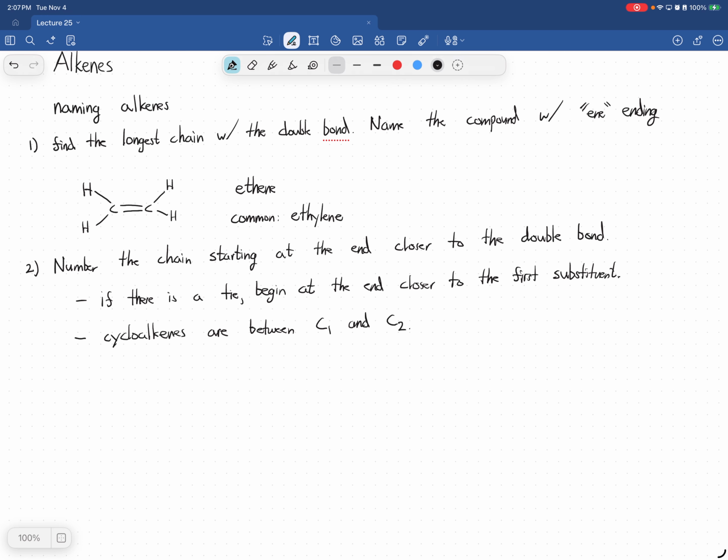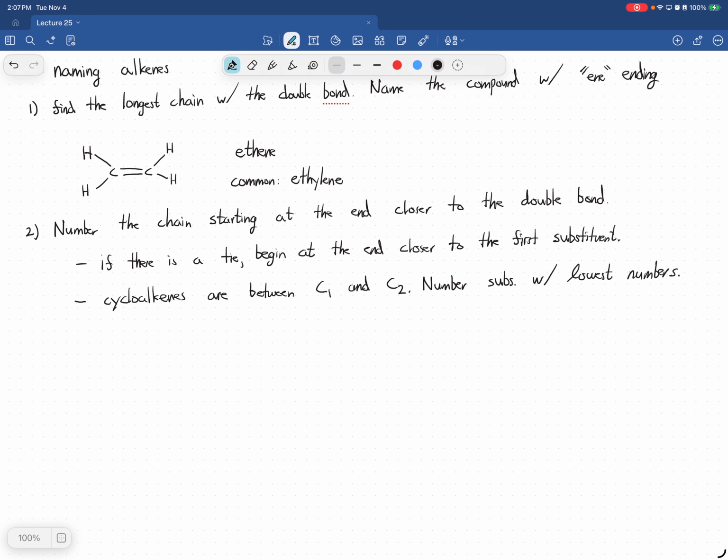And just like with alkanes, you number the chain the same way. So number the substituents with the lowest number. We'll do a few examples towards the end of this discussion here, okay?